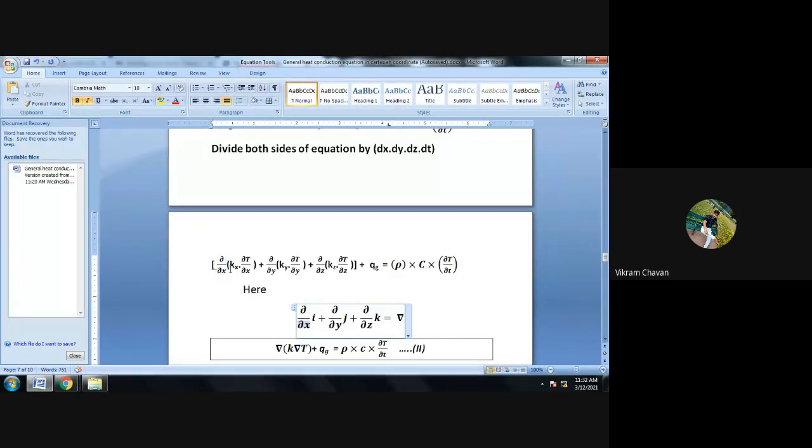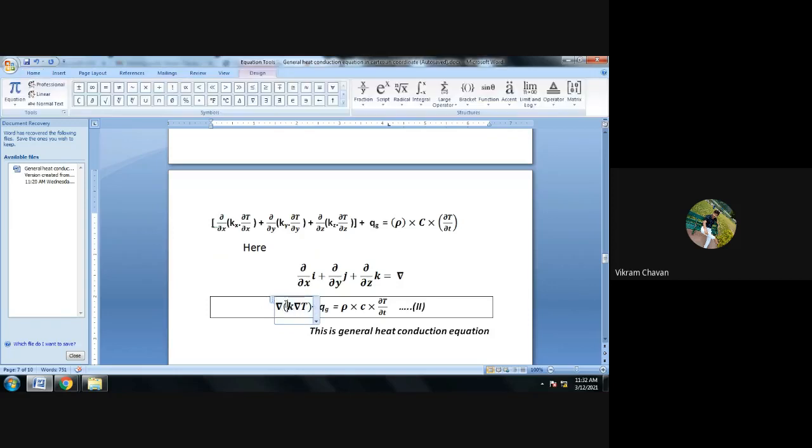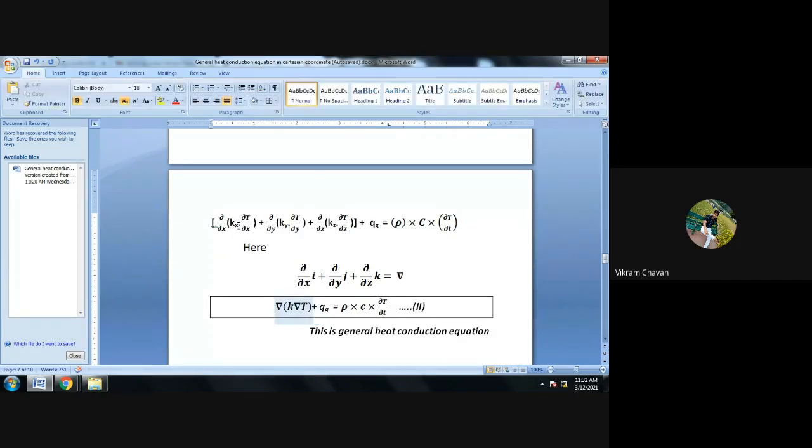In our equation we are partially differentiating this particular part, k multiplied by ∂T/∂x, with respect to x, y and z. So instead of these three differentiations, we can use the del operator here. Also, this thermal conductivity k varies with direction, so kx, ky, kz.